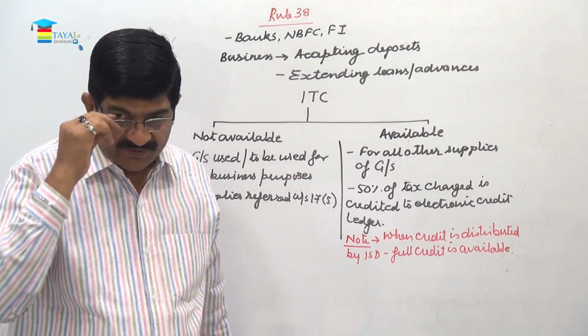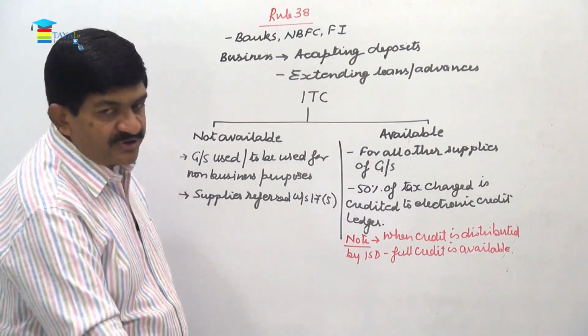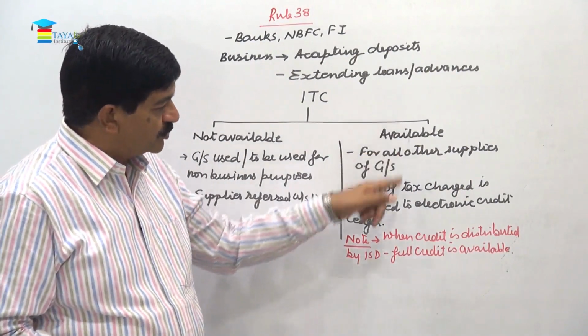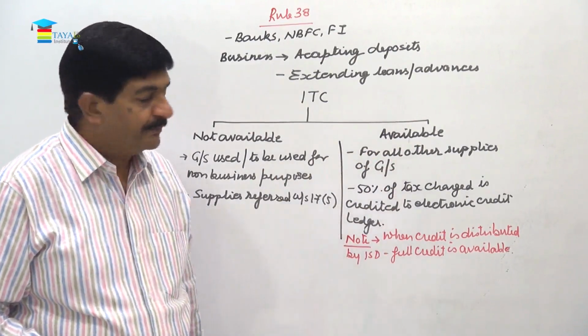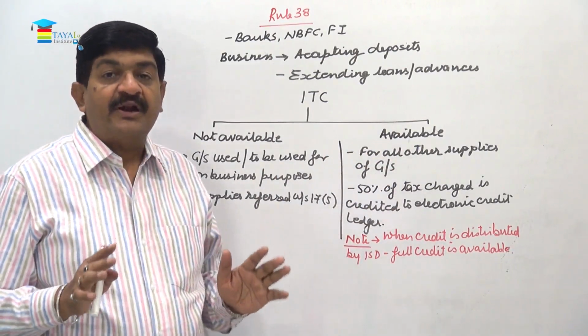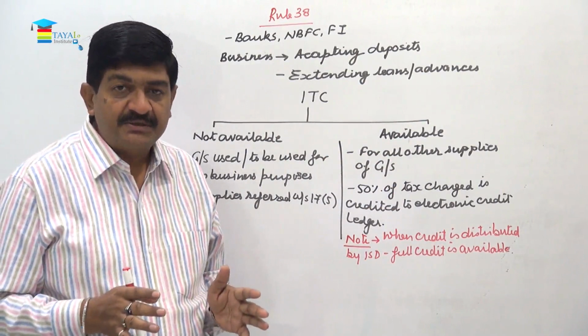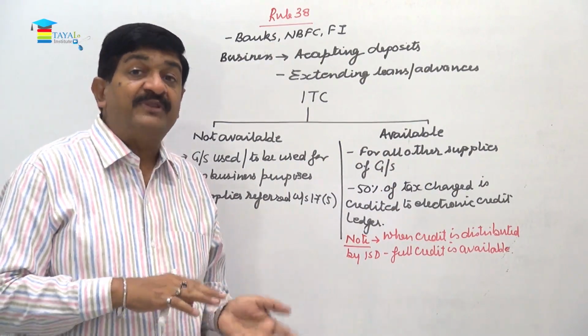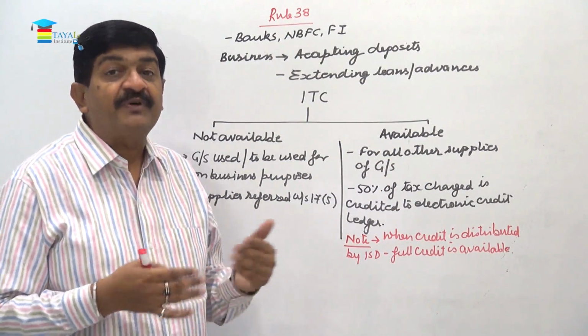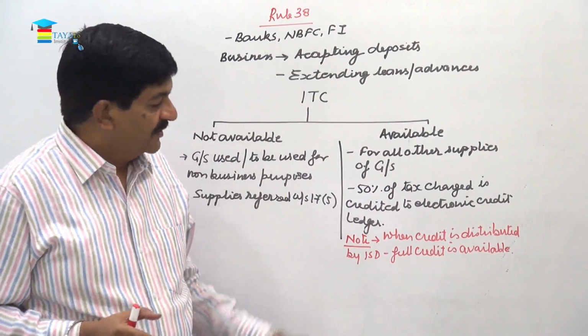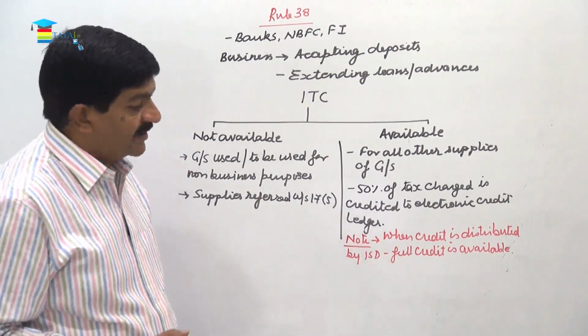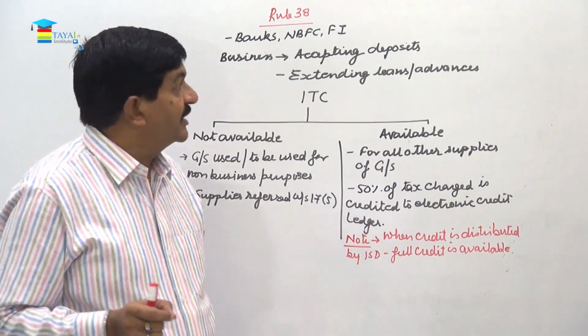Reason being, when the credit is availed by the input service distributor, the same provisions are applicable to him. He has already got credit of that 50%, and when he is transferring out of that 50%, it will not be further reduced by 50%. So this note is relevant there, and this is rule number 38.